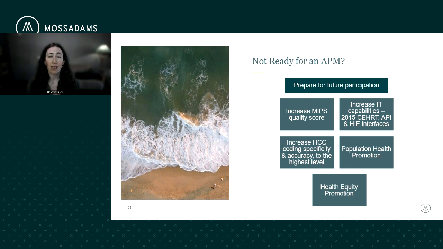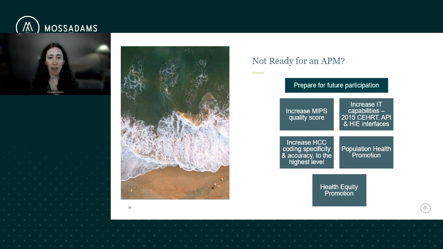So certainly focusing in on your quality scores, your IT capabilities, as well as your HCC coding is going to help lay the groundwork and the infrastructure so that if you decide you want to do MSSP next year, or one of these models becomes available in your state and you want to enroll, you're going to have some of that really crucial infrastructure in place to be successful when you're ready for it.